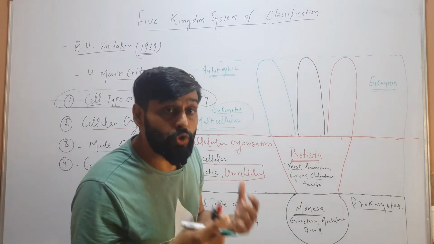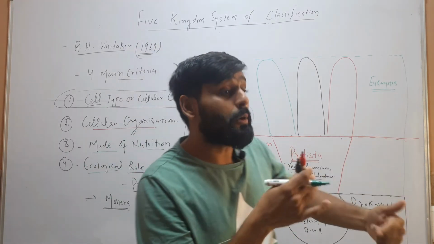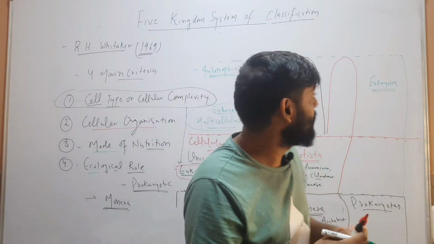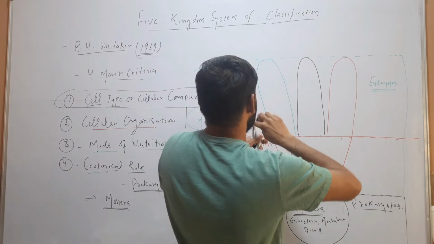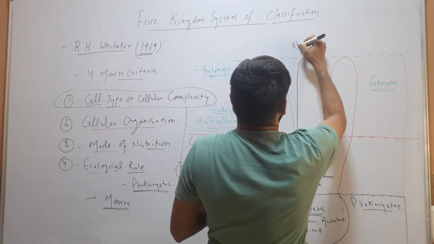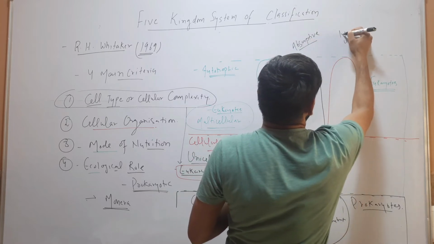And the second one is heterotrophic, which derive their food from other organisms. And this heterotrophic mode of nutrition further has two types. One is ingestion and another is absorptive.